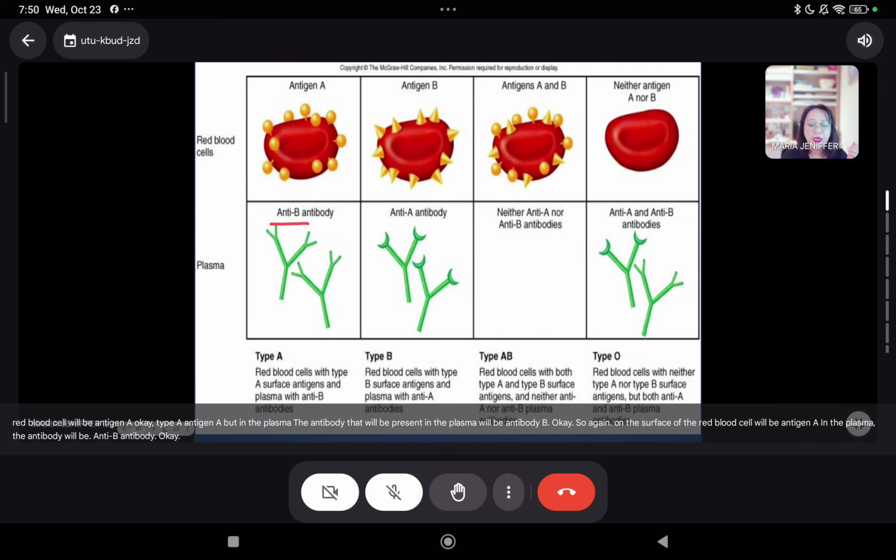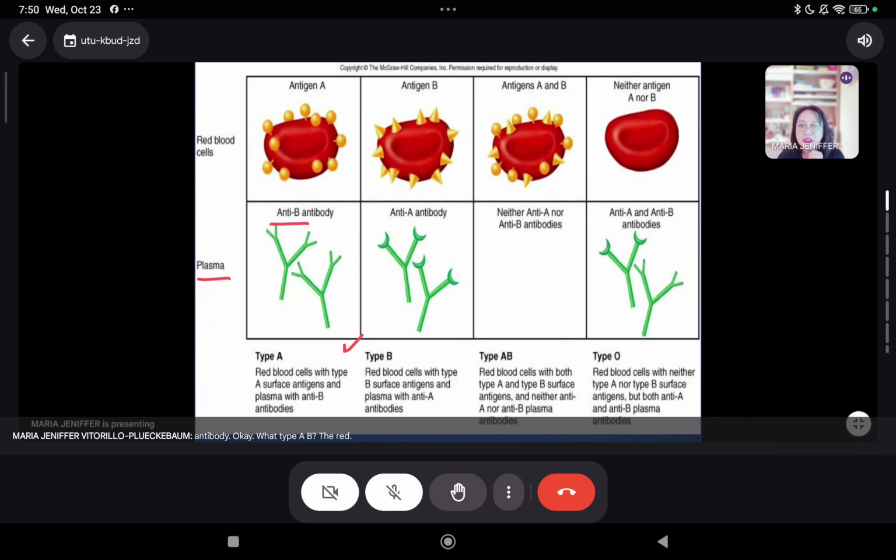Okay? In type B blood, the antigen present on the surface of the red blood cell will be antigen B. But the antibody present in the plasma will be anti-A antibody. Okay. While type AB, the surface of the red blood cells will contain both antigens A and B. But there are no anti-A nor anti-B antibodies in the plasma.